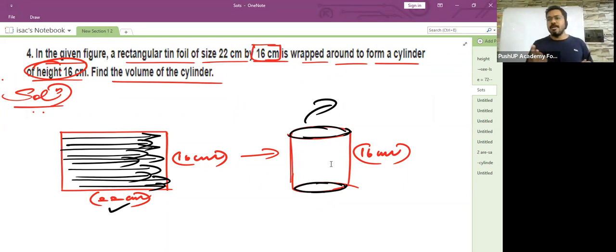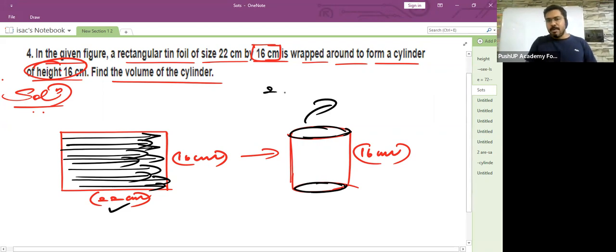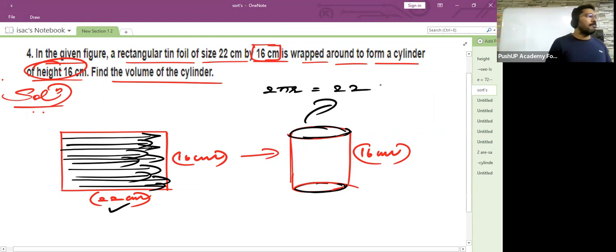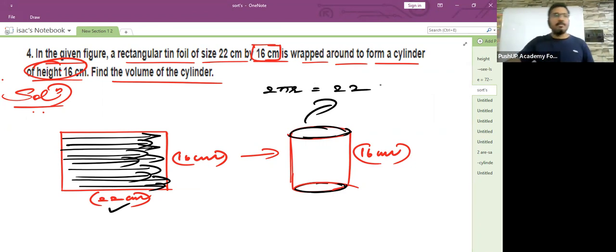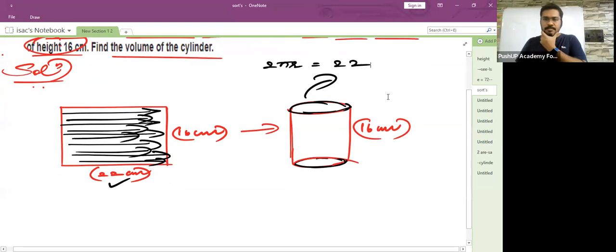The circumference of the base and the top, isn't it? That means 2 pi r, which you say as the circumference of the base or the top, is equivalent to the length of the aluminium foil. Was I clear in this? Yes? Maria, Janice, everyone?